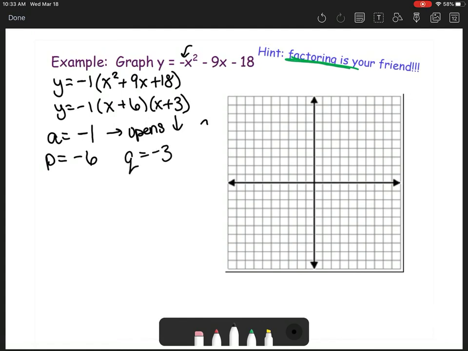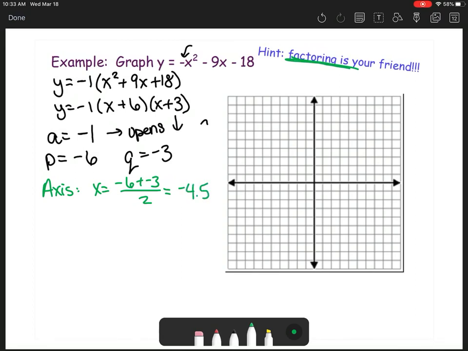So our parabola is definitely over to the left of the y-axis with those intercepts that way. And the axis we want, -6 plus -3 over 2, gives us an axis of symmetry at -4.5.